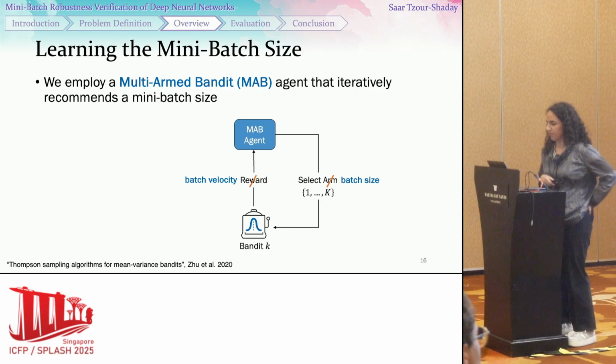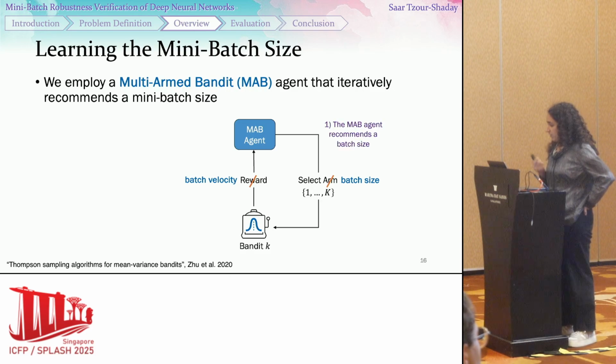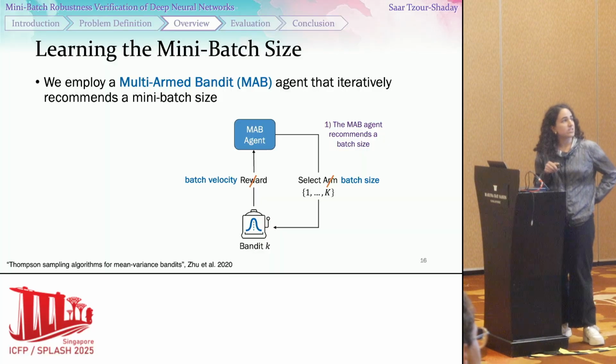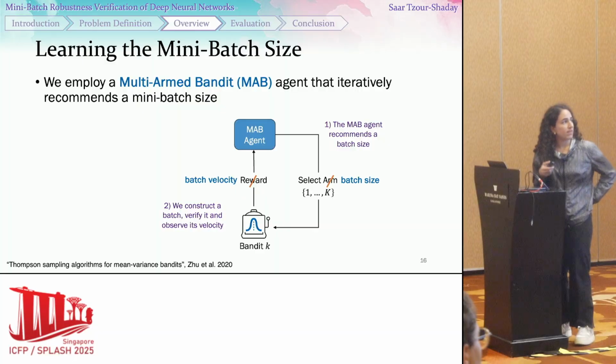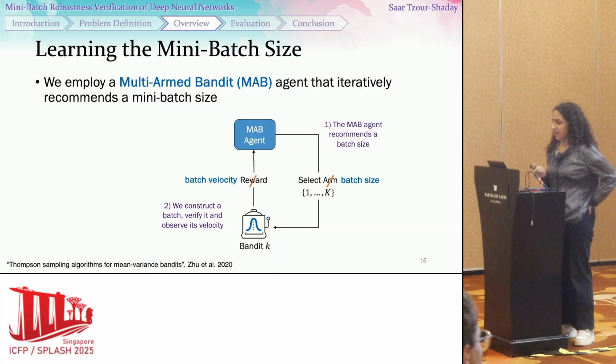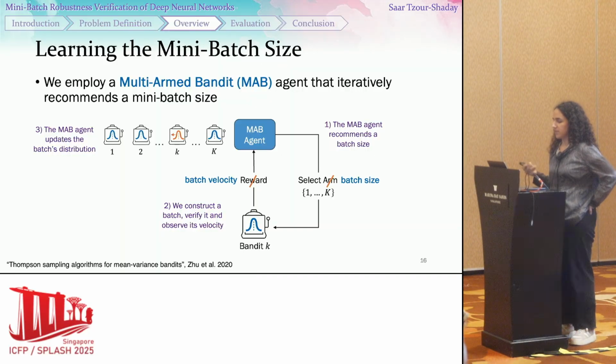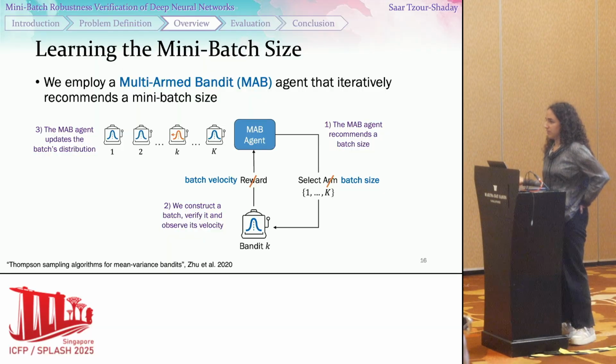In each iteration, when we want to prove a new batch, the MAB agent recommends a batch size. We then construct the batch, verify it, and observe its velocity. Then the MAB agent updates the batch size distribution, which allows it to learn on the fly the optimal mini batch size and exploit it in later iterations.